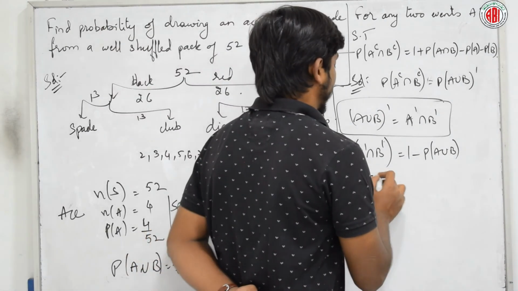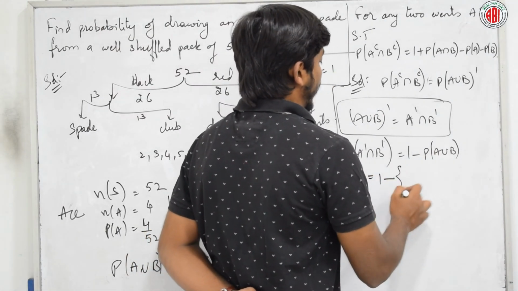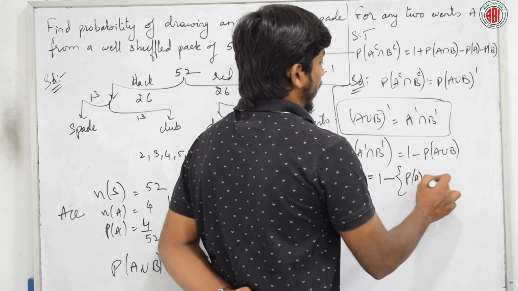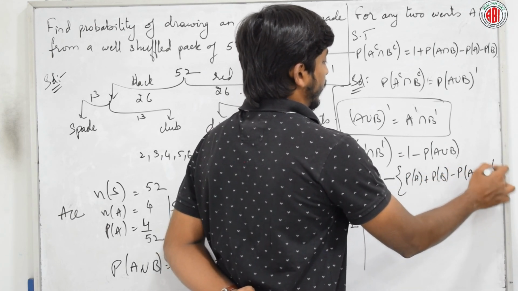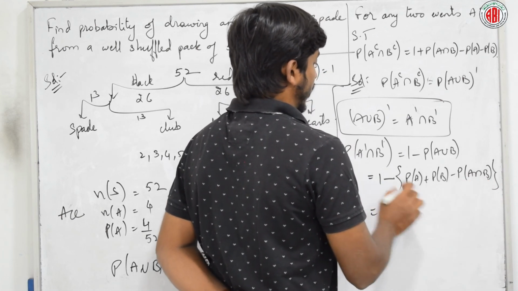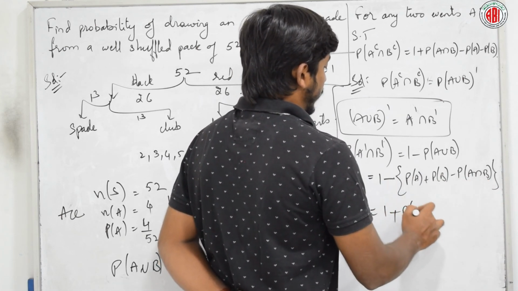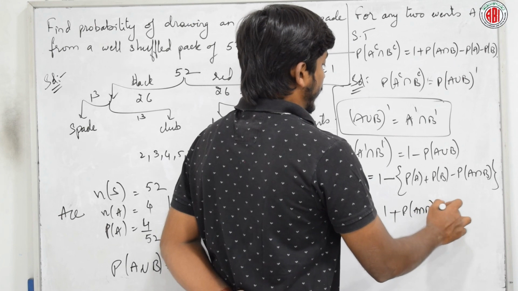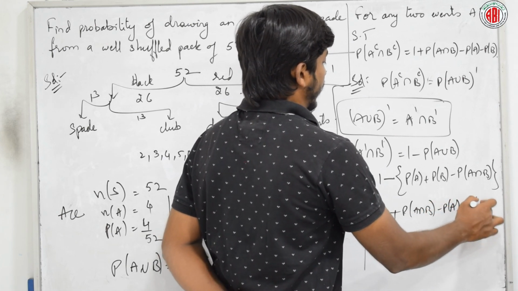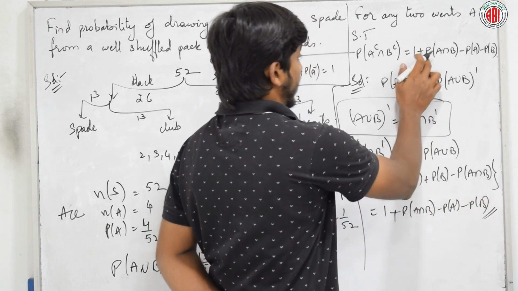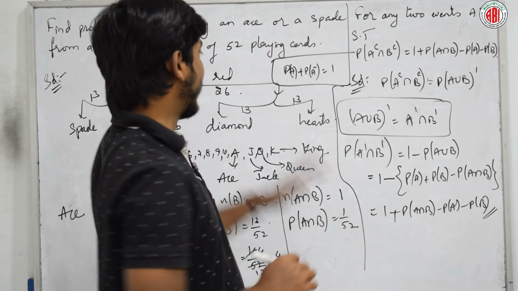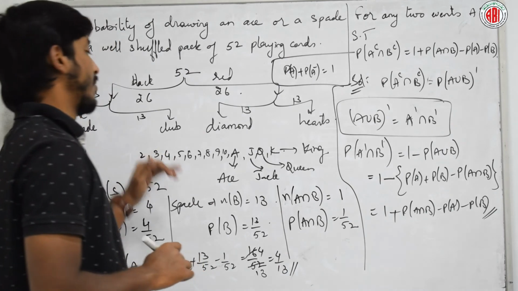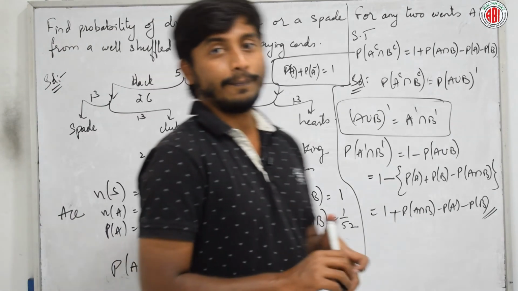Now see here, that is nothing but 1 minus, what is P of A union B? P of A plus P of B minus P of A intersection B. Just write everything, 1 minus P of A minus P of B plus P of A intersection B. That is what they asked us to prove. Is it right? Did you understand the theorem and the problem based on addition theorem?